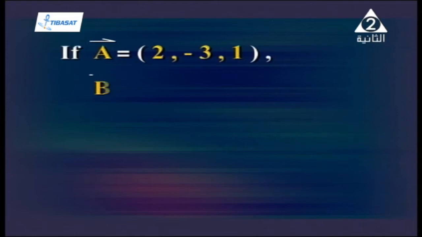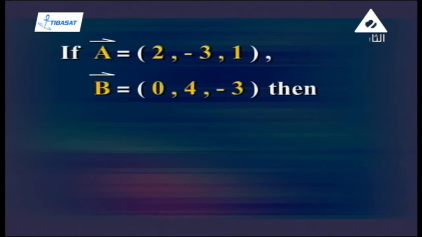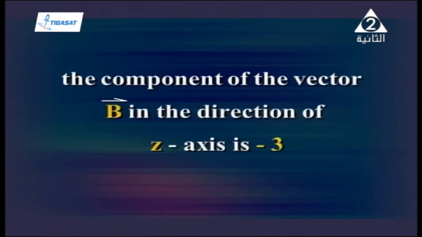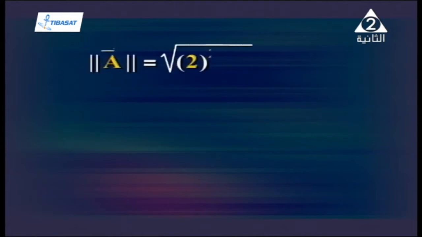Example. If we have vector A (2, negative 3, 1) and vector B (0, 4, negative 3), then the component of vector A in the direction of the x-axis is the number 2, and the component of vector B in the direction of the z-axis is negative 3.